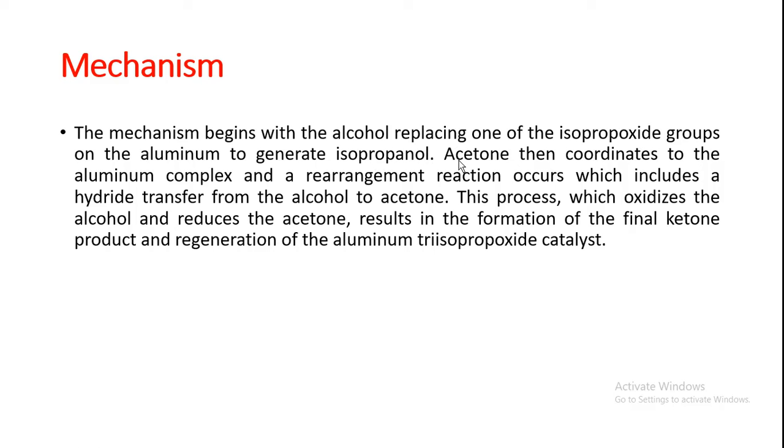In the reaction it sacrifices itself, and at the end of the reaction it regenerates itself. Acetone then coordinates to the aluminum complex and a rearrangement occurs, which includes a hydride transfer from the alcohol to acetone. This process, which oxidizes the alcohol and reduces the acetone, results in the formation of the final ketone product and regeneration of the aluminum triisopropoxide catalyst.